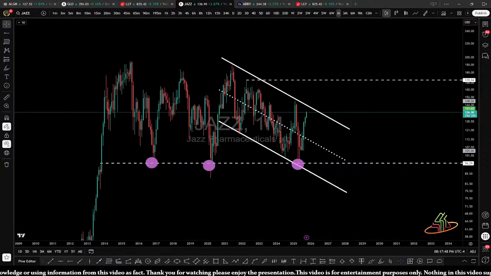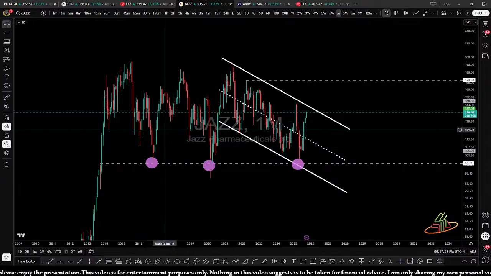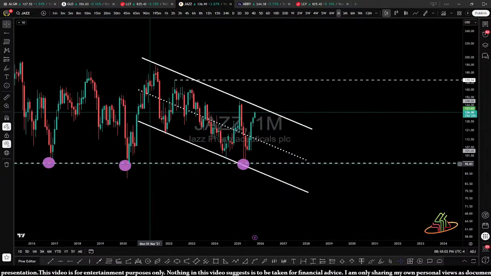So that's how I like to come across and look for different plays while they're going on, and how to find great entries on a play.